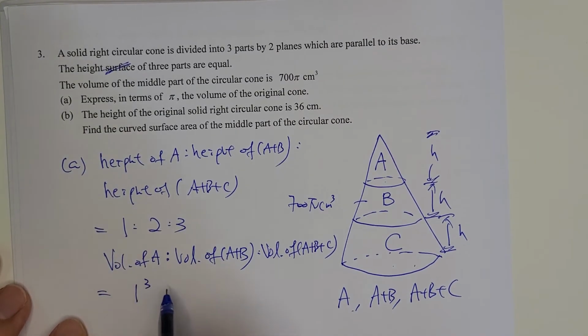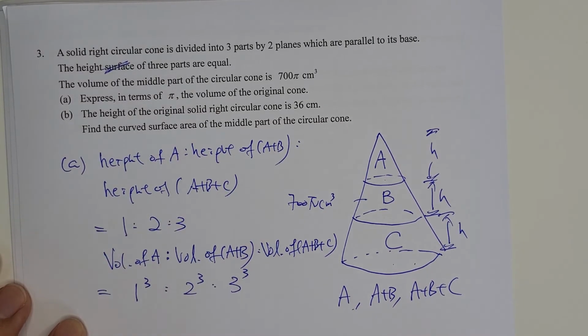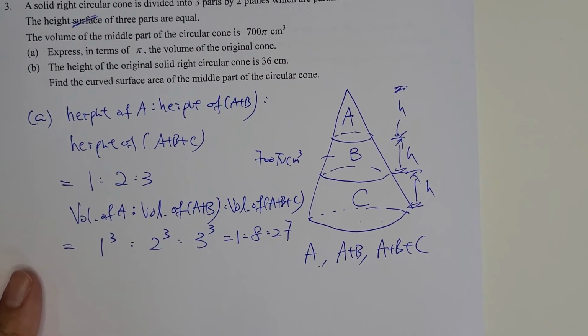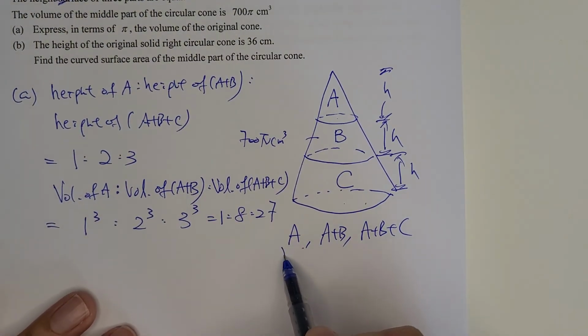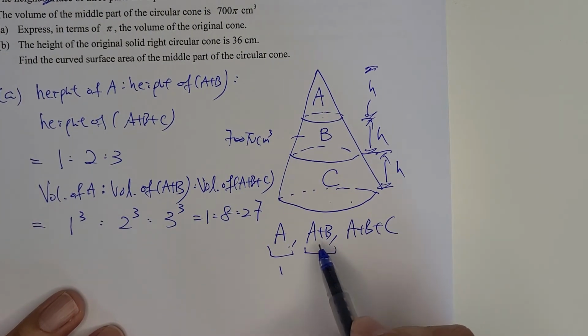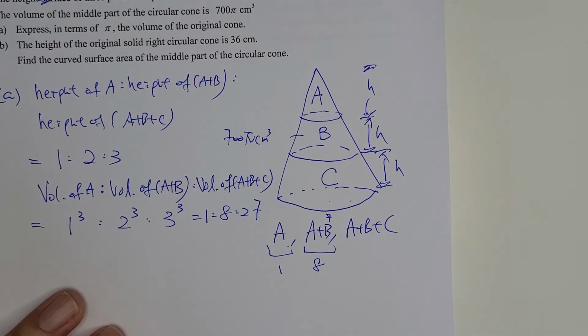So 1 cube, 2 cube, 3 cube. That means 1 to 8 to 27. But here, pay attention. A occupies 1 part. A plus B occupies 8 parts. That means B occupies 7 parts.